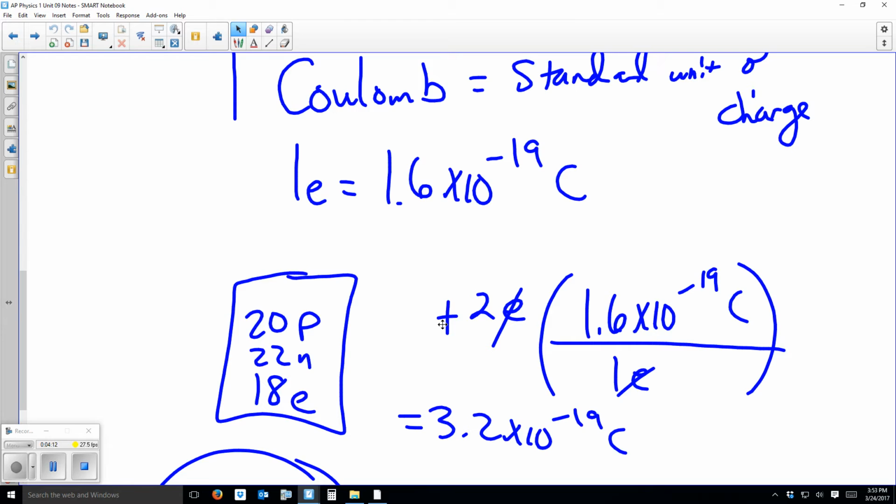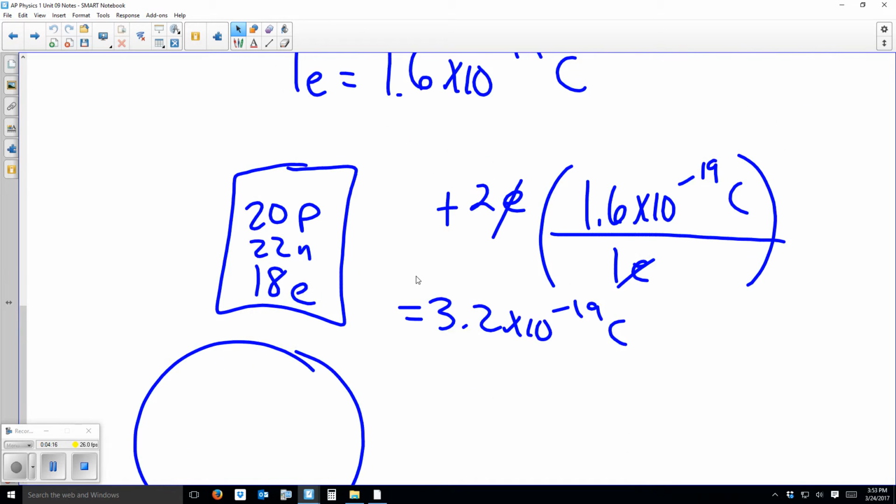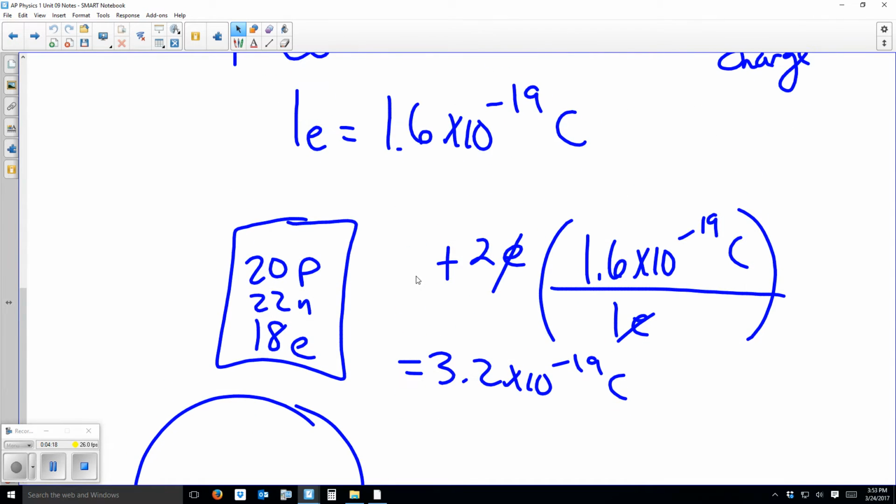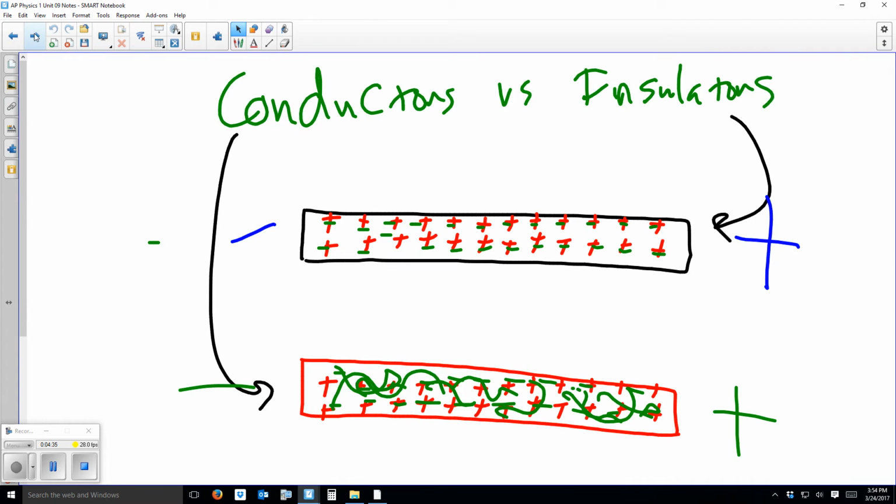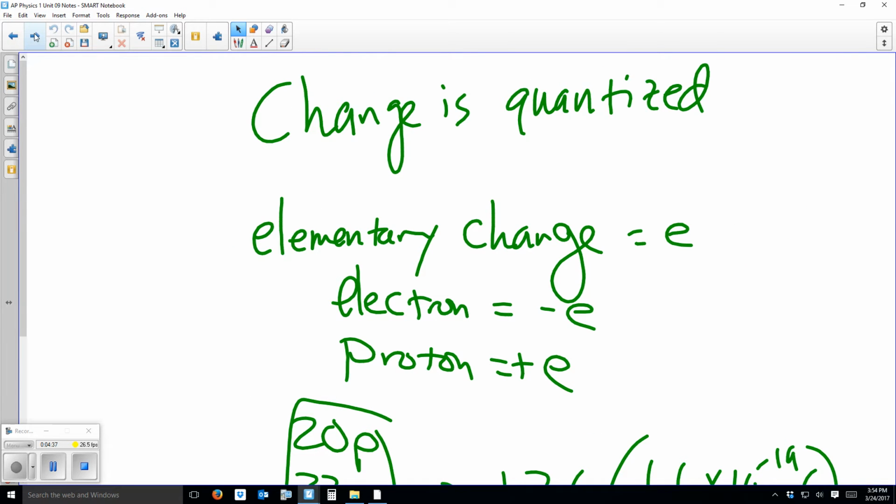You can only transfer electrons. So if you do not have a whole number multiple of electrons, something is wrong. So be aware that the smallest amount is this value, the 1.6 times 10 to the negative 19th, and any value we get has to be a whole number multiple of that. Same sort of stuff, just again scanning through here.